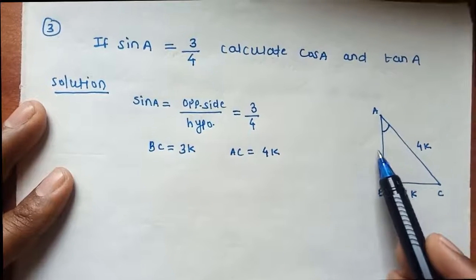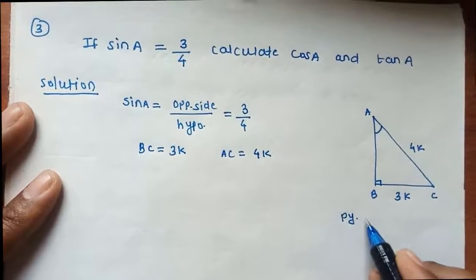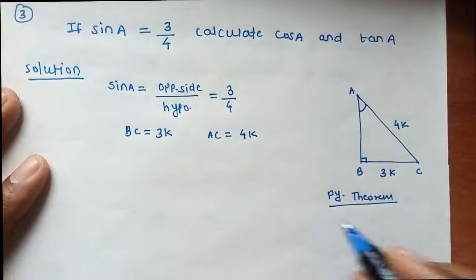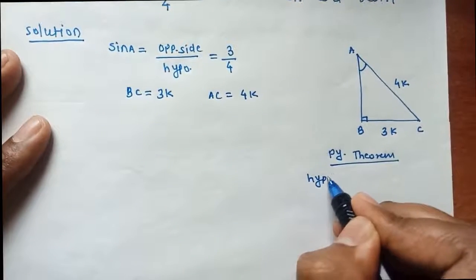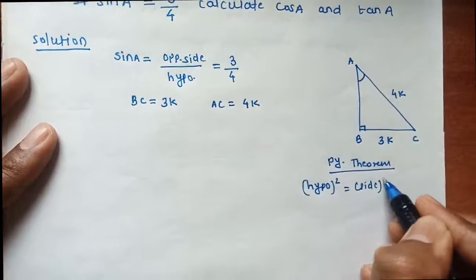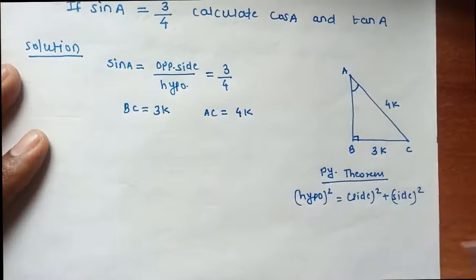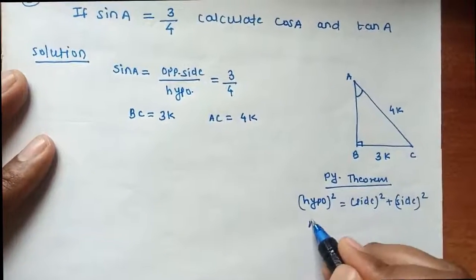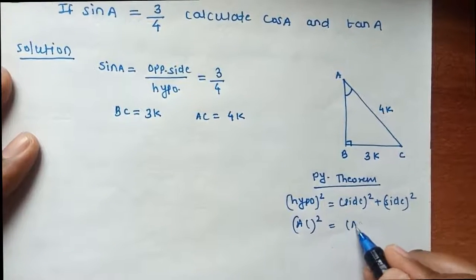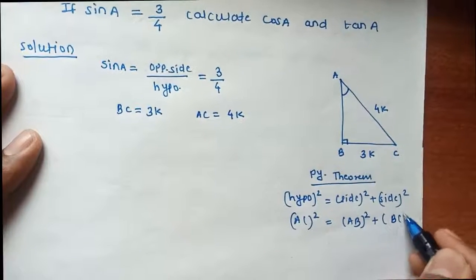So as usual, I don't know the value of this. Same way, by using the Pythagoras theorem again, that is hypotenuse square is equal to side square plus side square. So hypotenuse is AC, so I will write AC square, and the sides are AB square plus BC square.